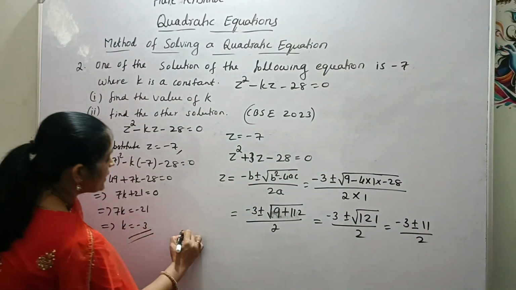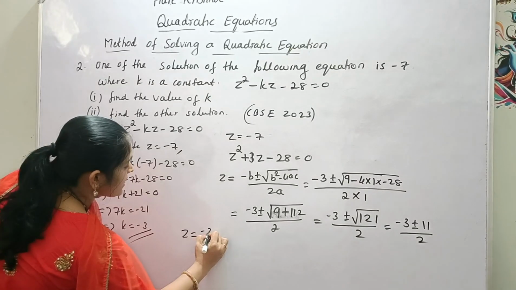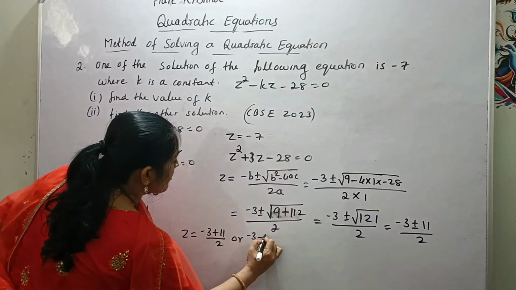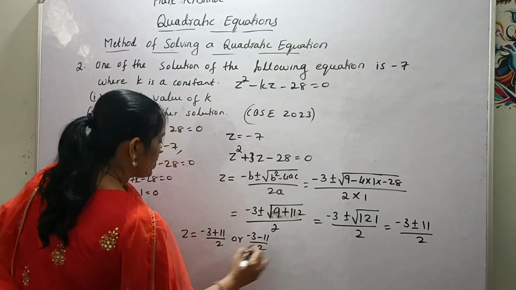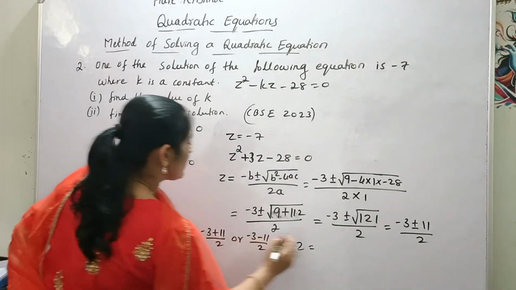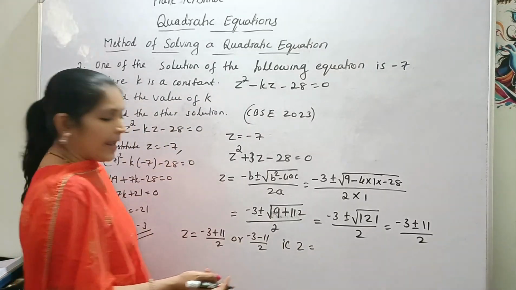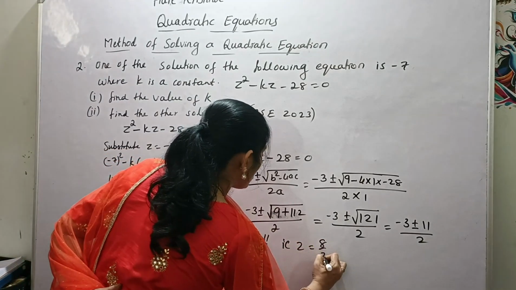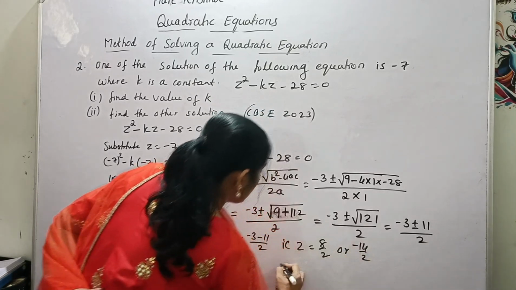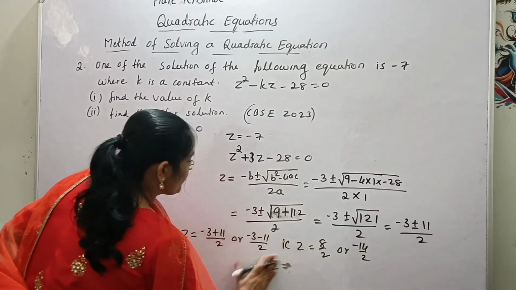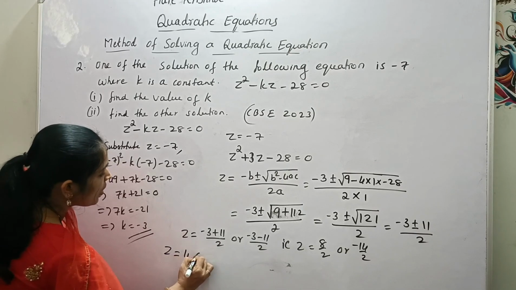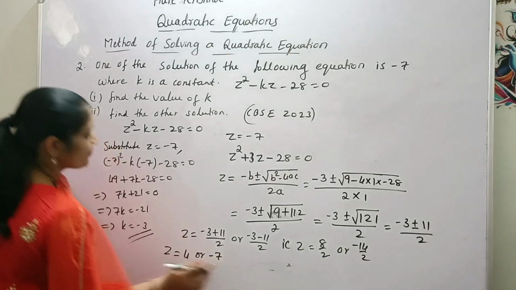So here z is equal to −3 plus 11 divided by 2 or −3 minus 11 divided by 2. That is z is equal to 8 by 2 or −14 by 2. That is z is equal to 4 or −7.